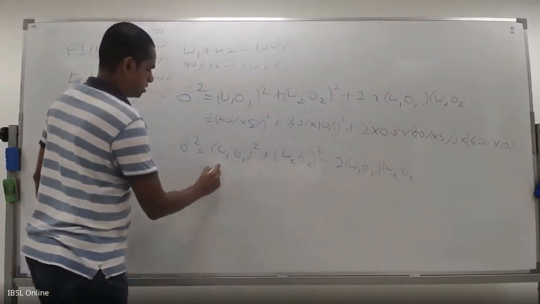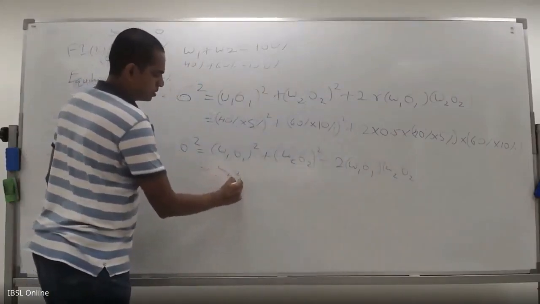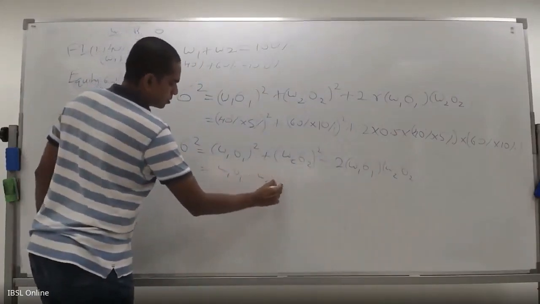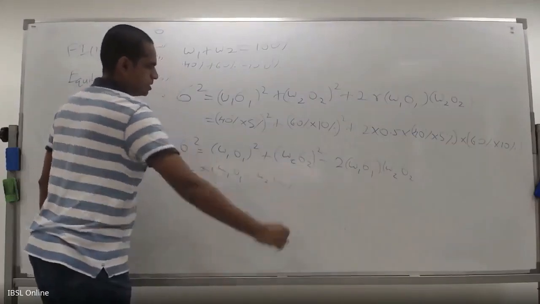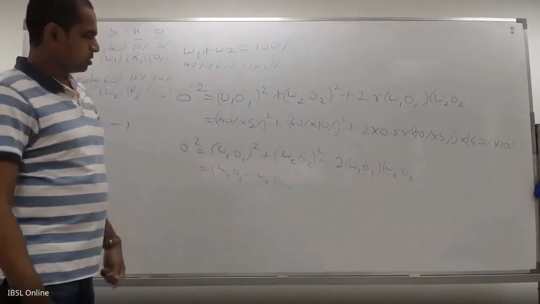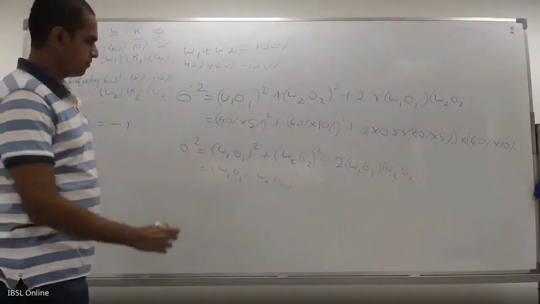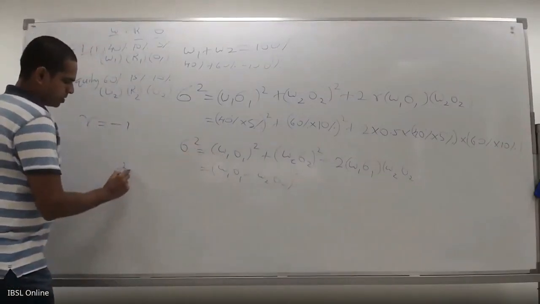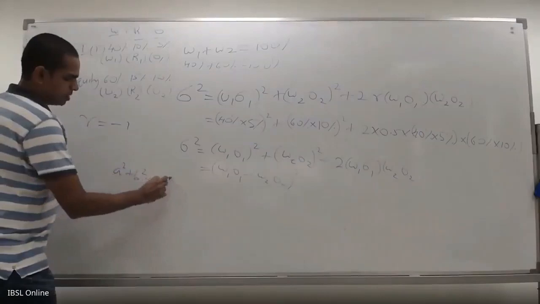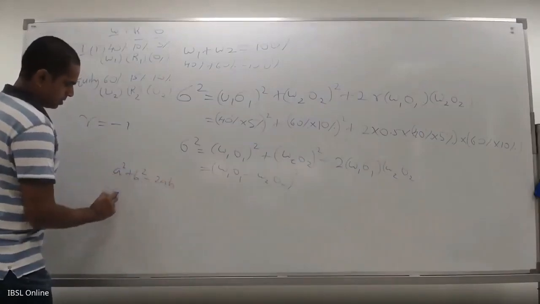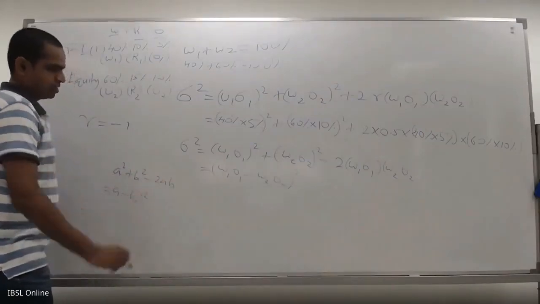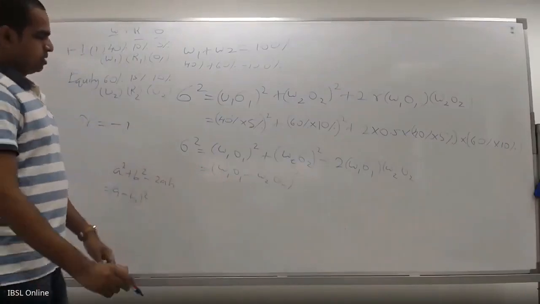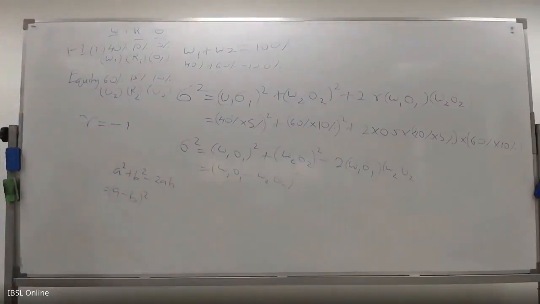Right. This is nothing but W1 sigma 1 minus W2 sigma 2, squared. Grade 2. Remember, you have A squared plus B squared minus 2AB is A minus B squared, right? Based on that, you get this.